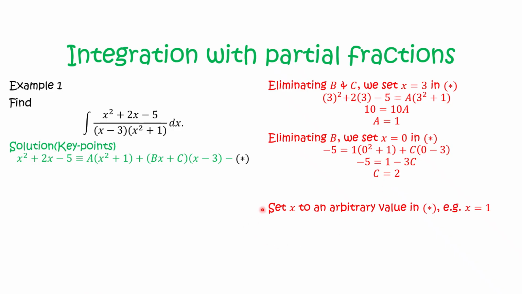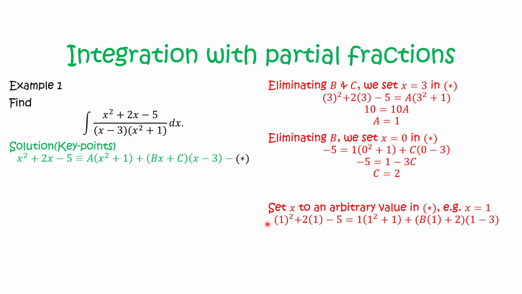Now, we set an arbitrary value in identity star, which is not 3 nor 0, because in so doing, we would go back to finding the values we obtained for A or for C. So we just choose any other value. For instance, we choose x is equal to 1 and substitute it into identity star.